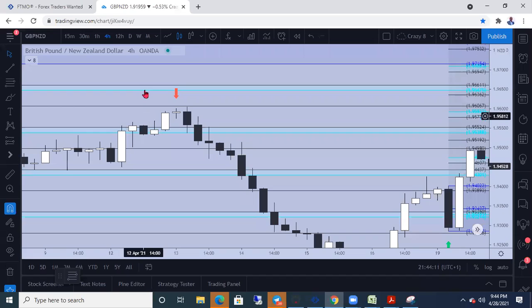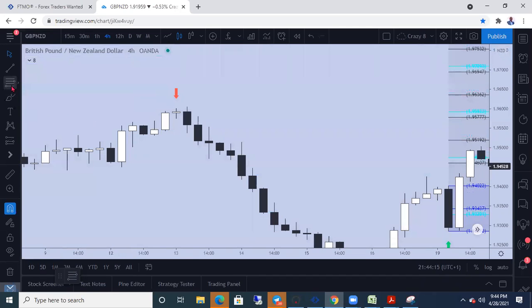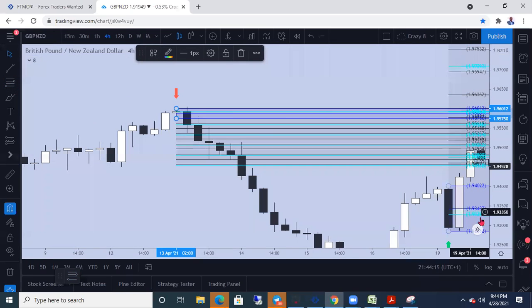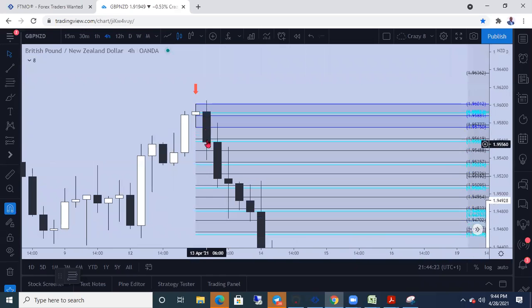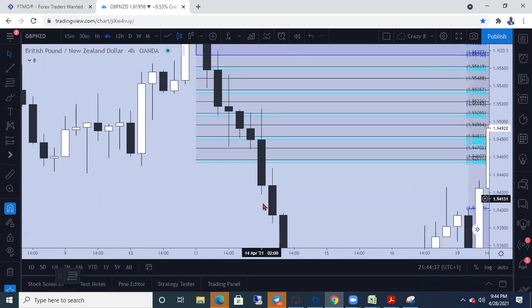So let's say we take this out and we flip this again. Again, bearish engulfing, retest of sell area, TP1, TP2, TP3, TP4, and it keeps going.